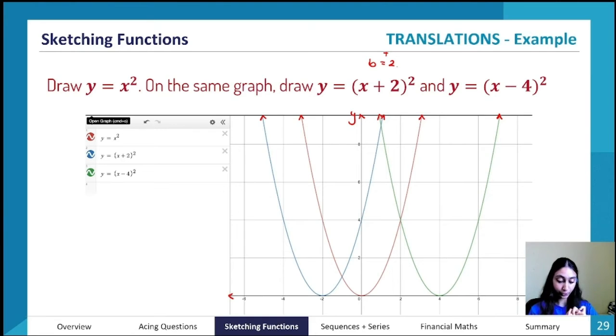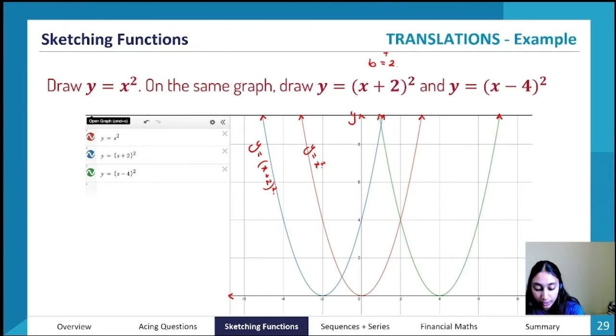So if we're going left and we're going 2 places, our intercept will be x is equal to -2. So this blue curve is y is equal to (x plus 2) all squared. Our red is our original y is equal to x squared.